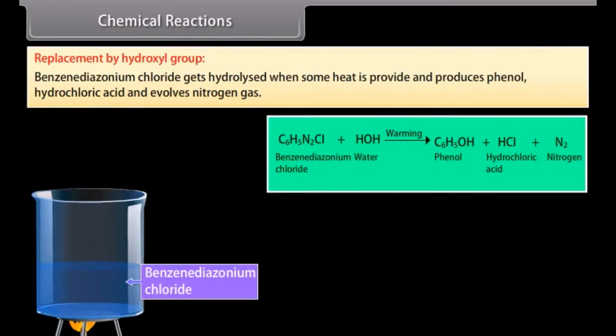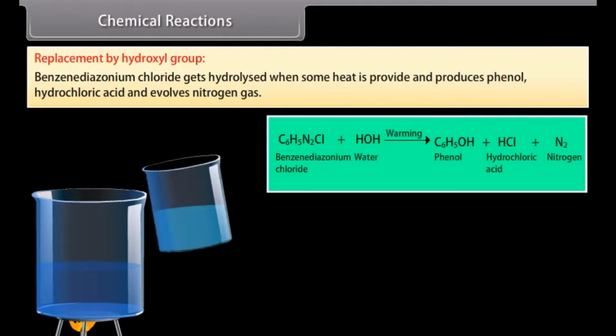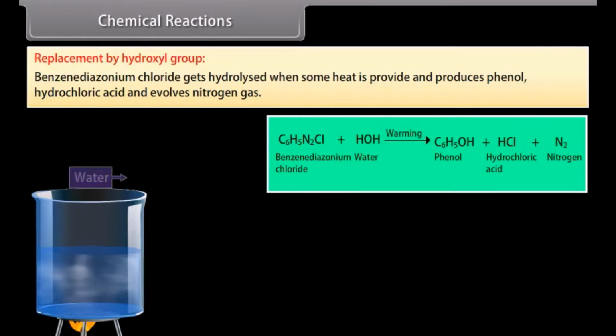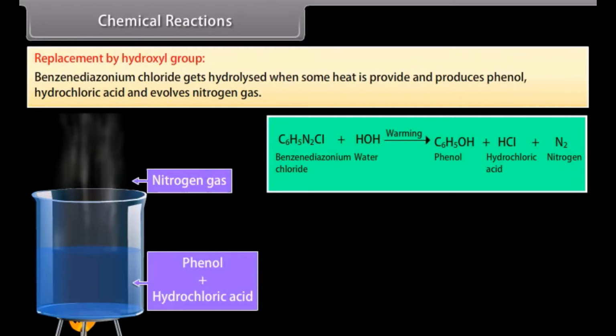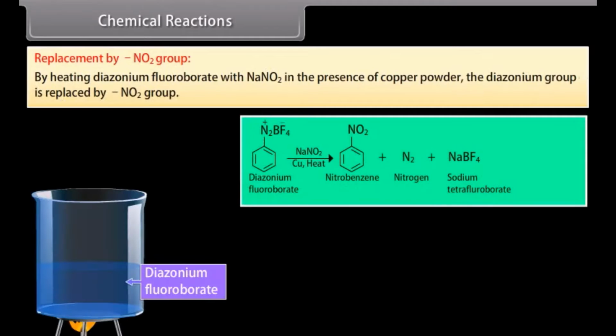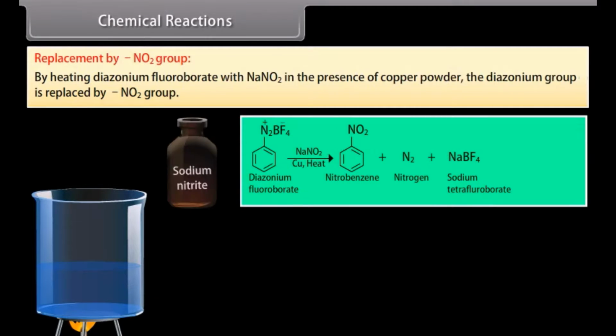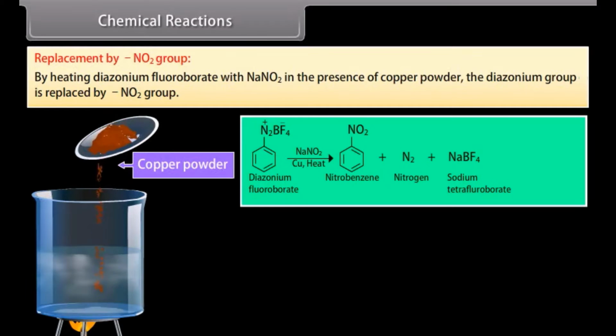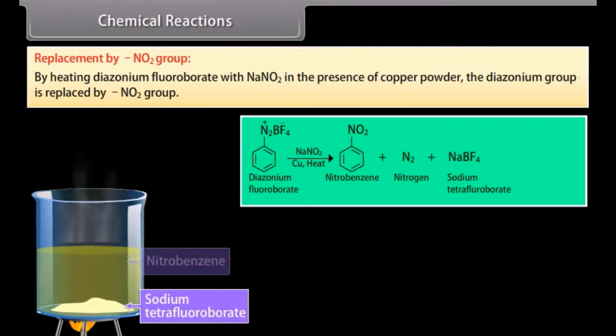Benzene diazonium chloride gets hydrolyzed when some heat is provided and produces phenol, hydrochloric acid and nitrogen gas. Replacement by nitro group. By heating diazonium fluoroborate with sodium nitrite in the presence of copper powder, the diazonium group is replaced by nitro group.